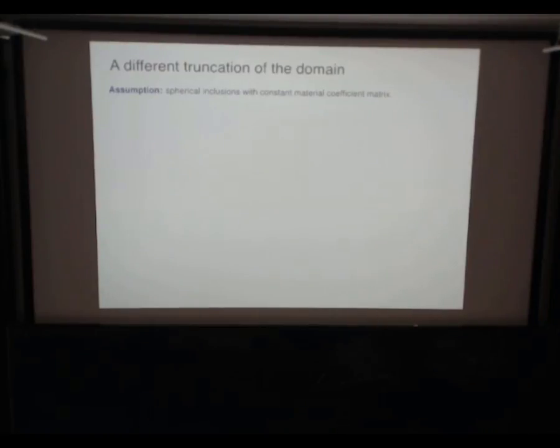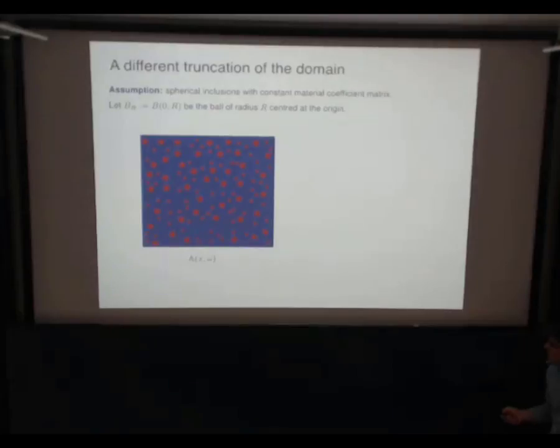Now here, we do a different ansatz. As I said, we assume that we have spherical inclusions with constant material coefficients. So we have piecewise constant material coefficients. And let BR be the ball of radius R that is centered at the origin.